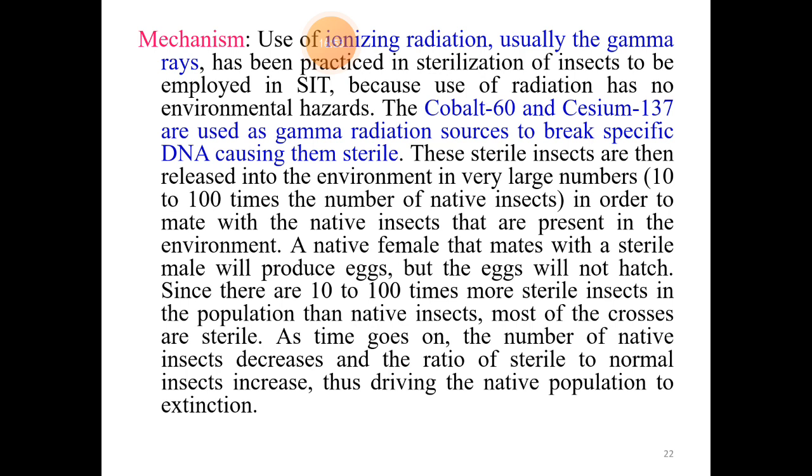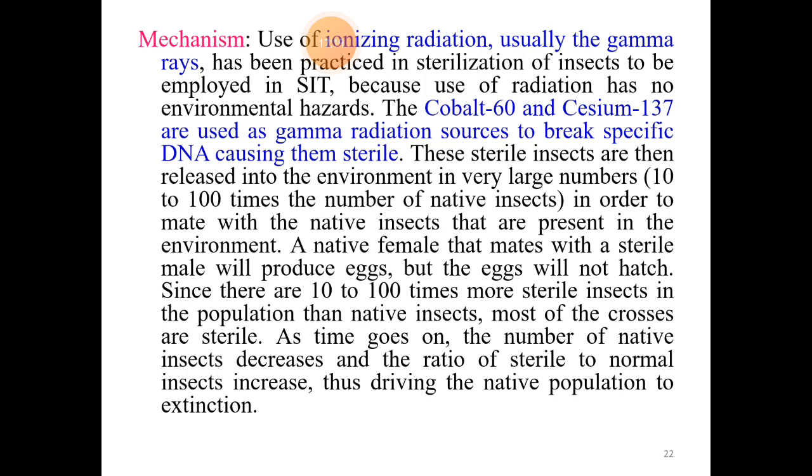Coming on to the mechanism of this SIT technique, it makes use of ionizing radiations like gamma rays to induce the breakage of DNA on the chromosomes. We know that chromosomes have the genes on them which are responsible for maintaining the character. So, our traits.